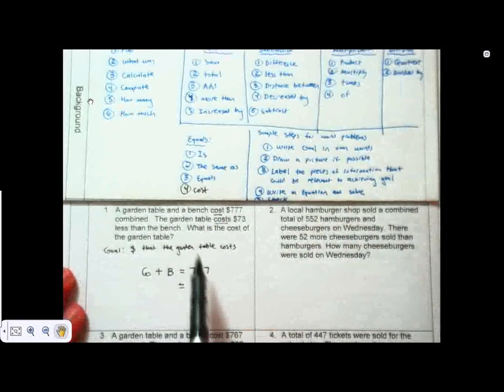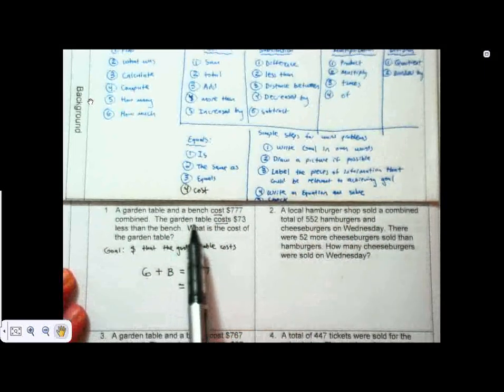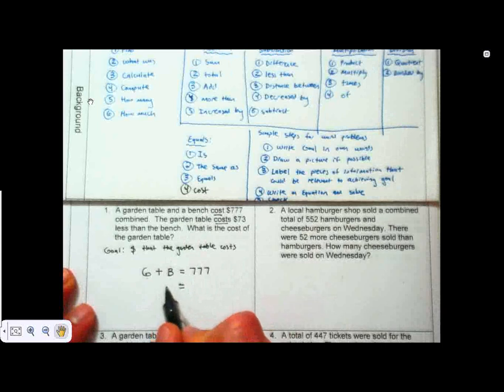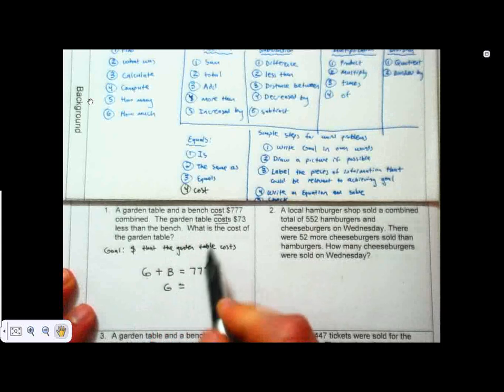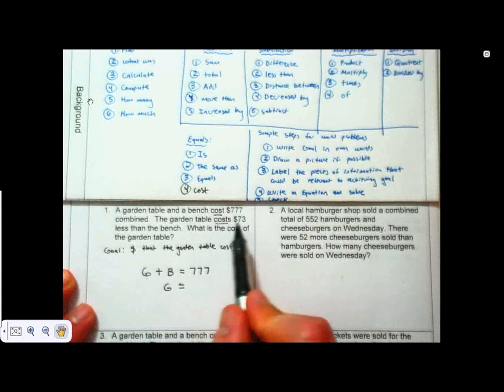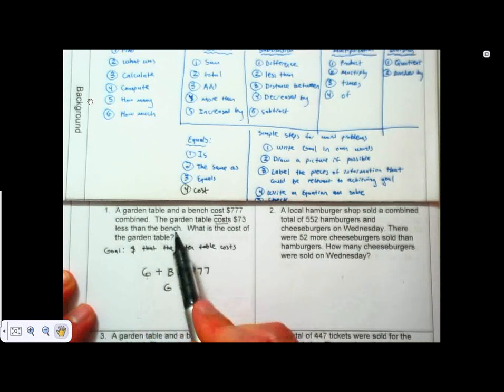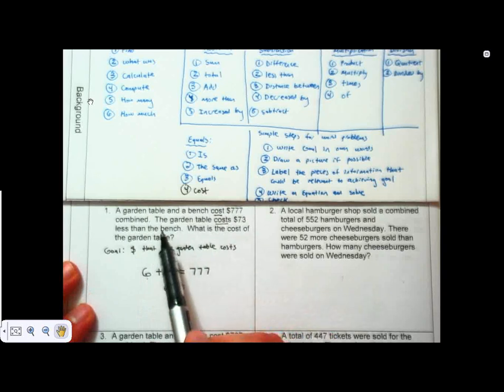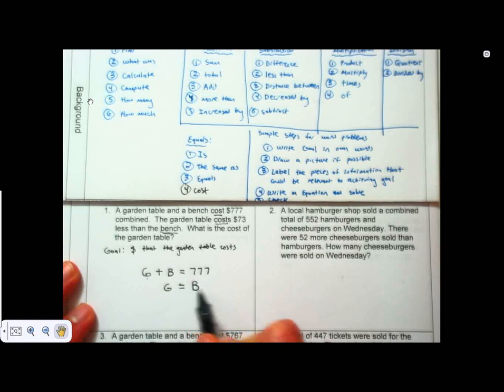Let's see if we can turn that into a sentence. It says the garden table costs, so that tells me that G equals, the garden table costs what? Well, it's 73 less than the bench. Remember, with subtraction, this is a little bit tricky, but 73 less than the bench means that the bench is our total, and then we're subtracting 73.